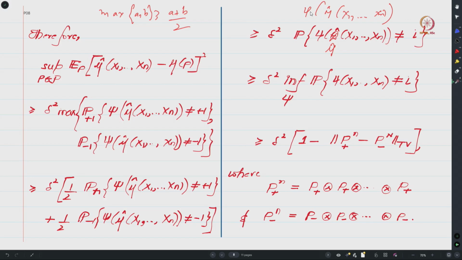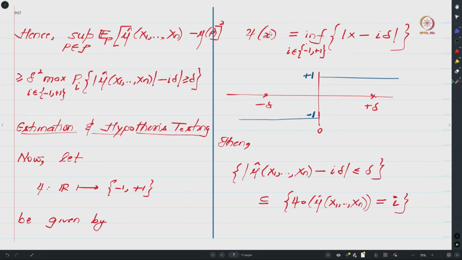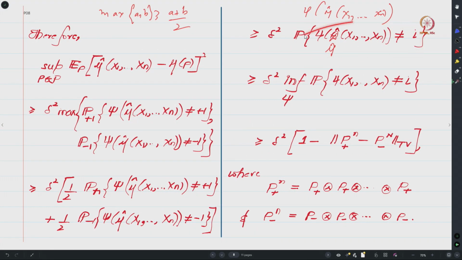So since we are working with one psi, that is this specific psi, we can say that this expression, this psi of mu hat, which looks at the samples and guesses what your hypothesis is, is just one of your psi functions. So one can say that the probability for this specific psi function is actually lower bounded by the inf over all possible psi functions.